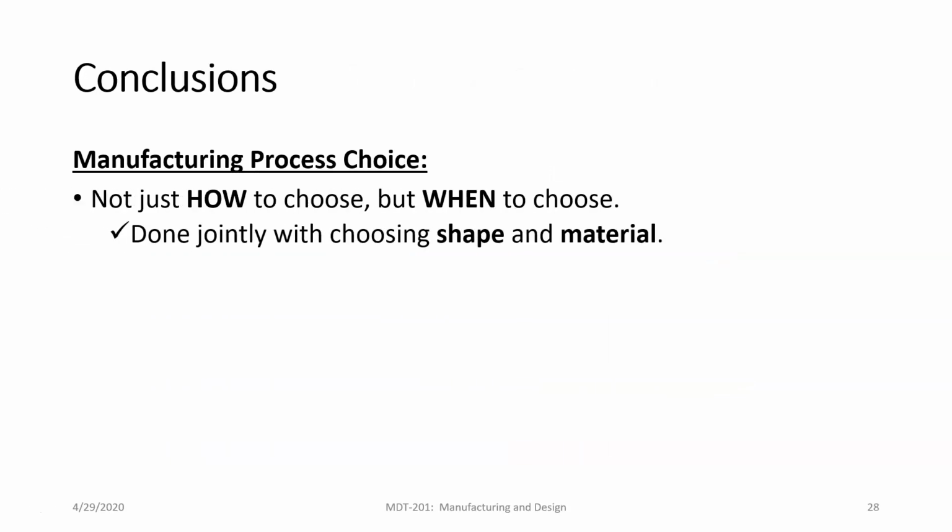So manufacturing process choice then is not just how to choose, but when to choose. It's an ongoing process. So initially, you're going to be starting to frame things in, and then you're going to get more specific as the design process moves through. Remember that it's an iterative process, so there's always going to be changes.